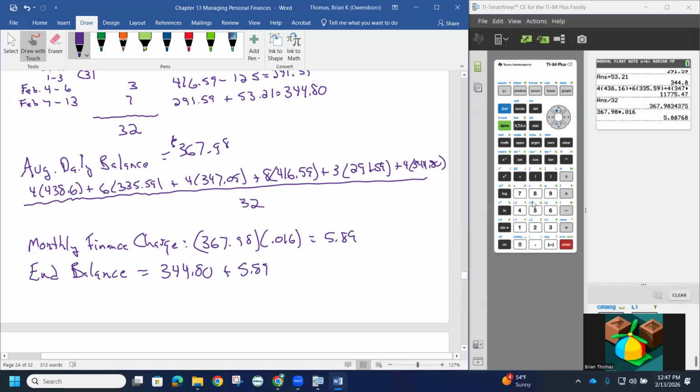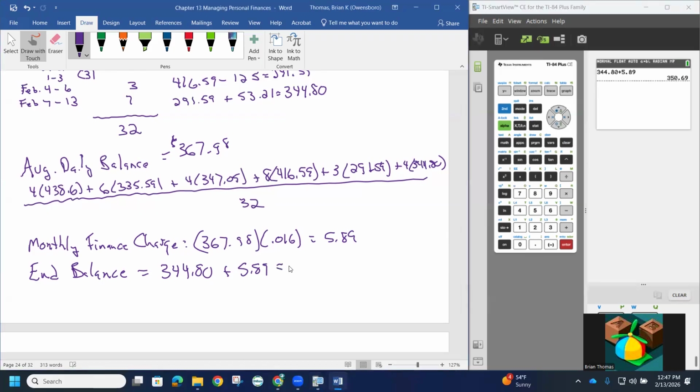So if we clear this off here and go 344.80 and add to that the 5.89, that'll give me my new balance for my new cycle. So starting my new cycle, I'm going to be starting out at $350.69. So the end balance becomes my new balance for my new billing cycle. Hopefully you find that helpful. Those were tough.